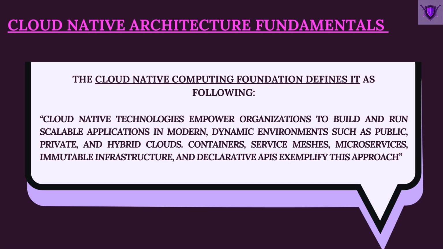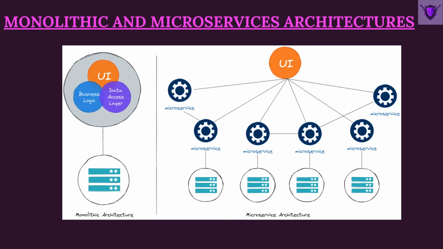Containers, service meshes, microservices, immutable infrastructure, and declarative APIs exemplify this approach. So now we're clear about the concept. We'll move forward and try to understand what containers are, and what the other parts of it are.